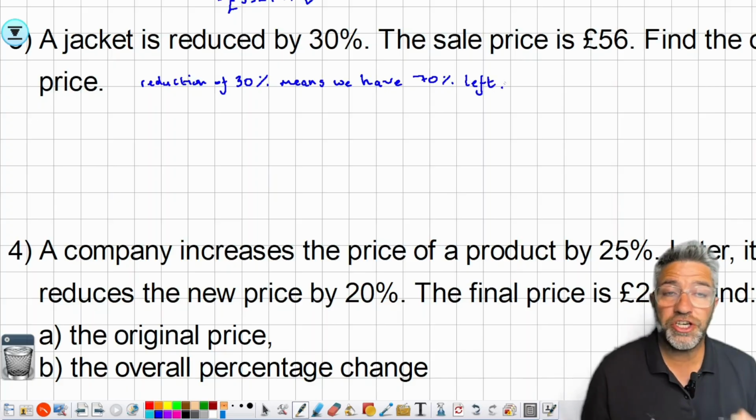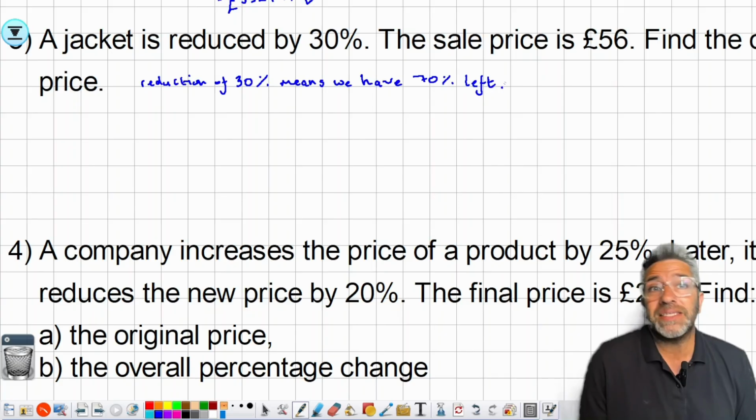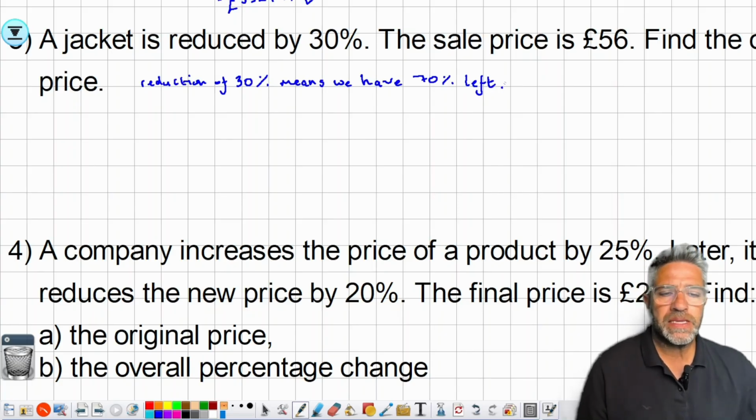Now, I'm actually going to show you 2 methods on how to solve this question, and then you can decide which one resonates with your understanding better, more effectively.